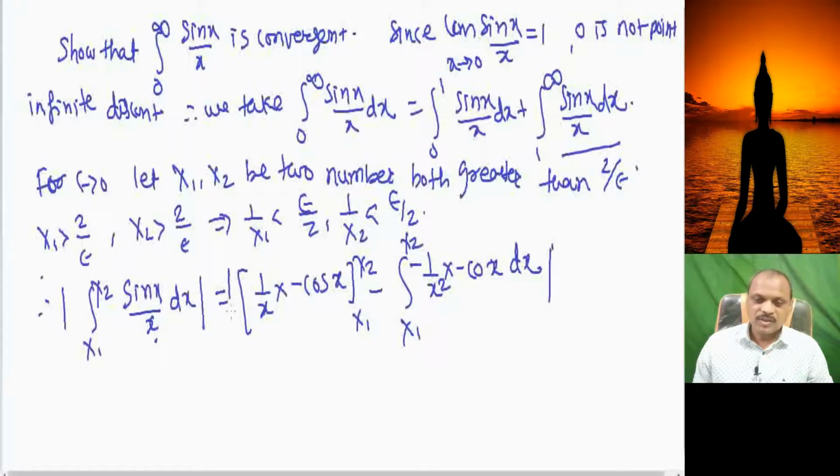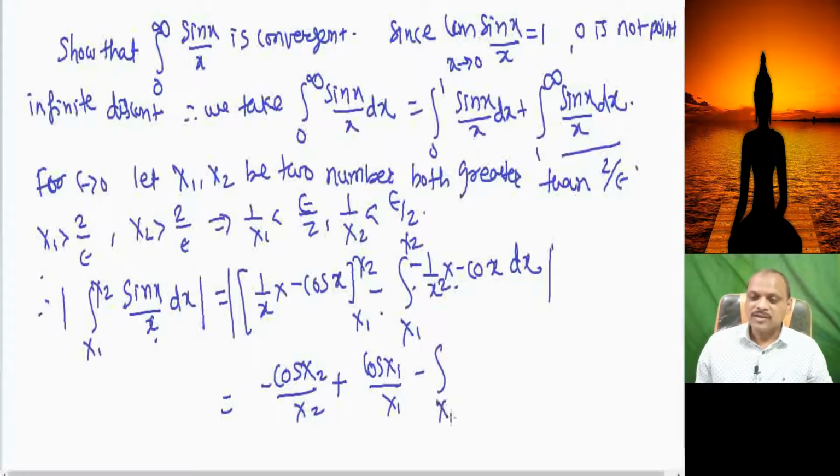So this is equal to cos of x2 divided by x2, minus, plus cos of x1 divided by x1, minus the integration x1 to x2 of cos of x divided by x square, and it is in the mod.